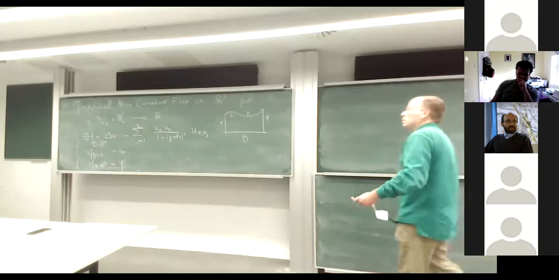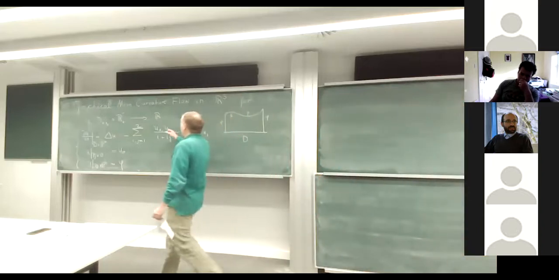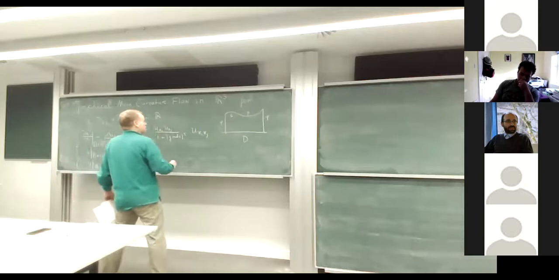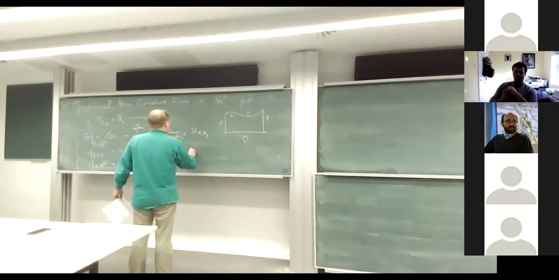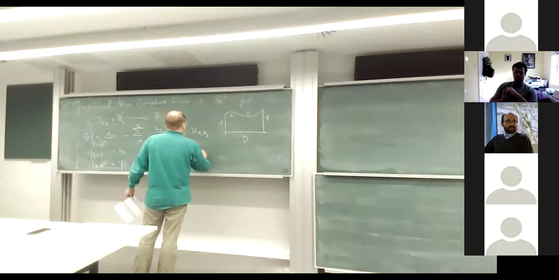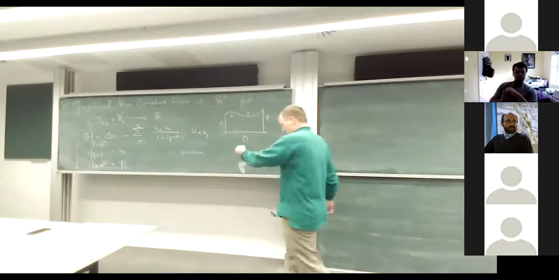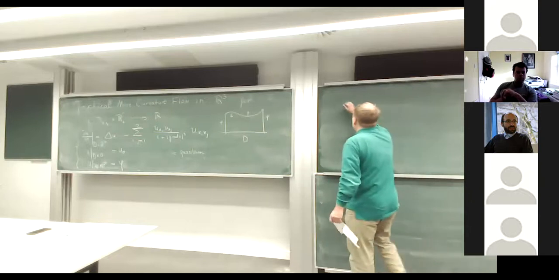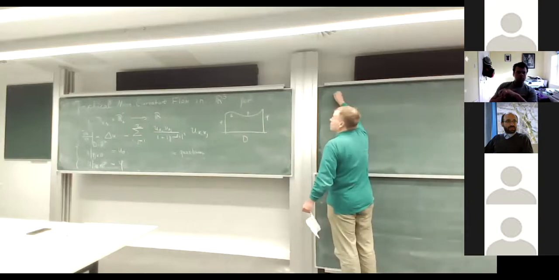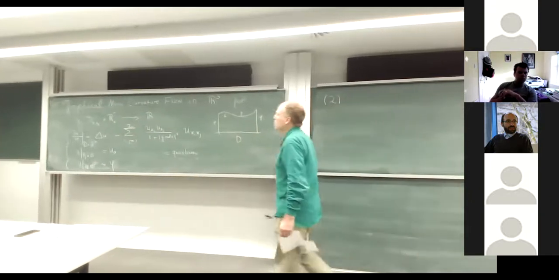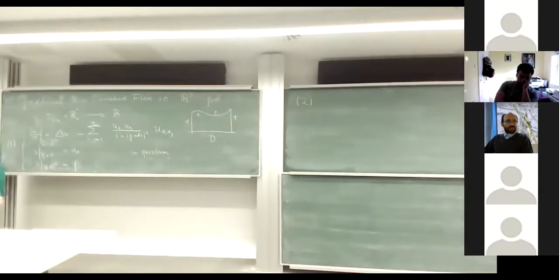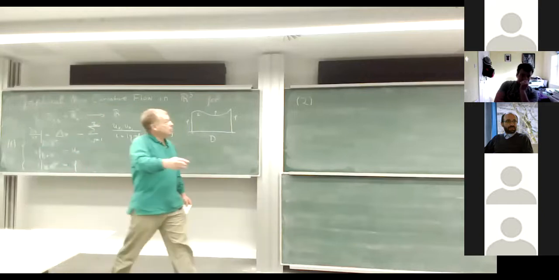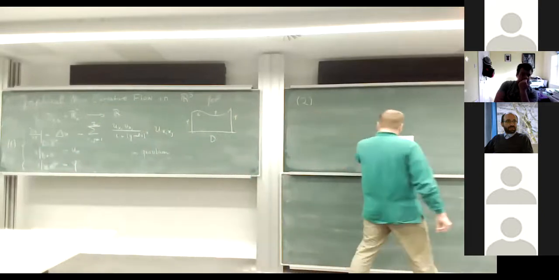Let me first note this is quasi-linear. The coefficients here depend on lower order derivatives. So that's a quasi-linear parabolic problem. And here is a situation under which this problem admits a solution and admits convergence.